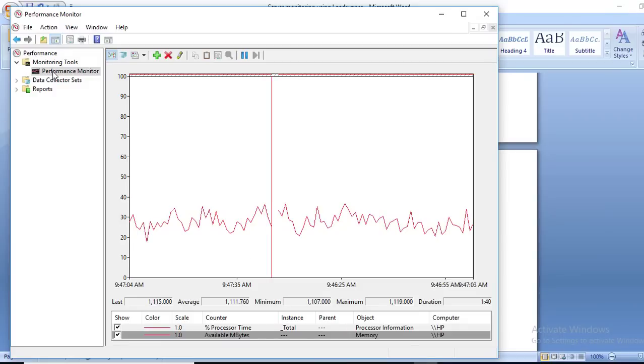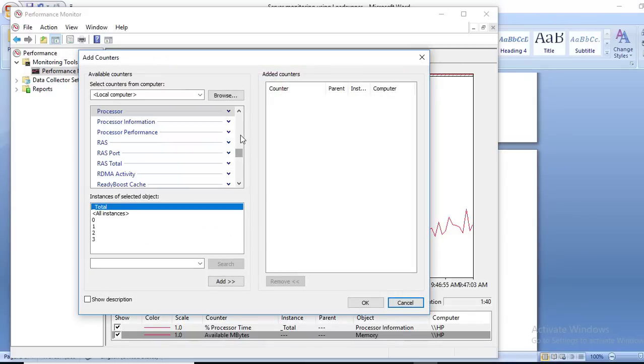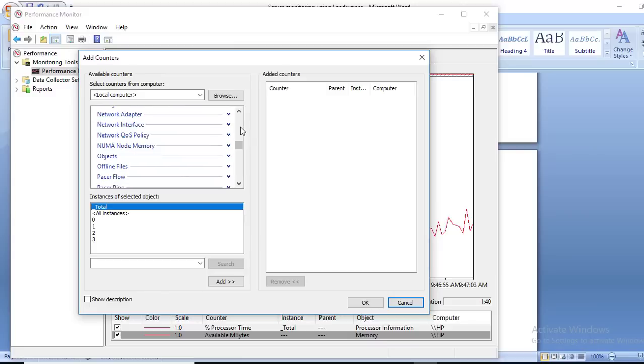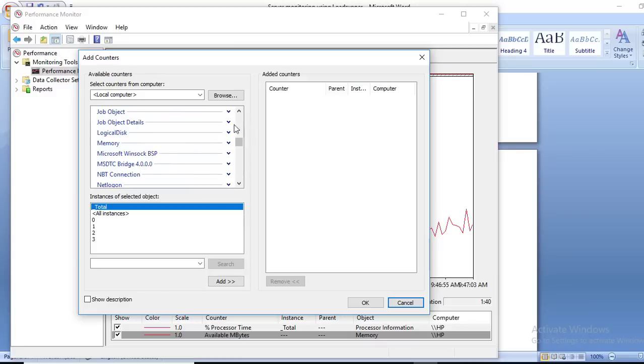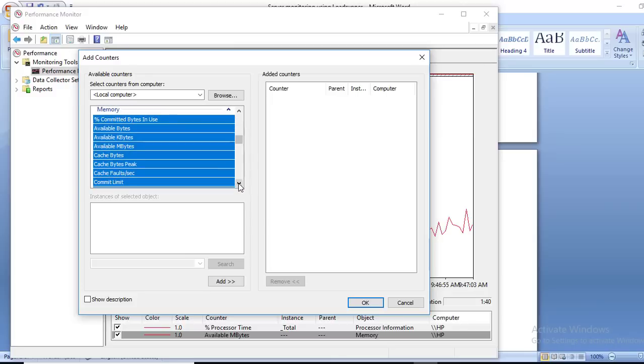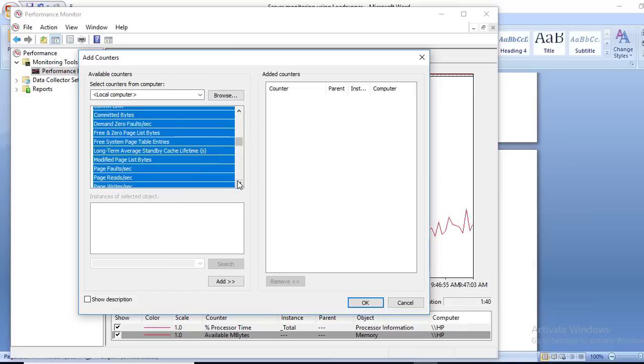Pages per second. Let us see in the memory where is pages per second. You can see it here also. There are all important counters available here. So you can see page faults and this and that. So these are all the counters that may be required to be monitored.